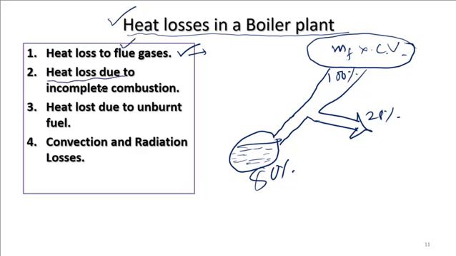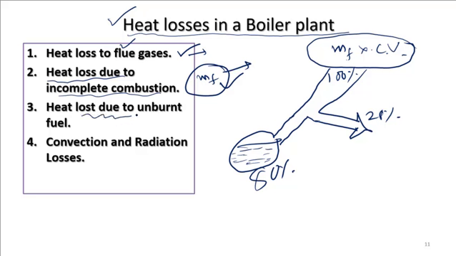Again, heat loss due to incomplete combustion. Although mf quantity of fuel is burned, out of this the 100% fuel burning may not be possible if the air supply or oxygen supply to the furnace is not sufficient. So under that condition also that is considered as a loss of heat due to incomplete combustion of the fuel.